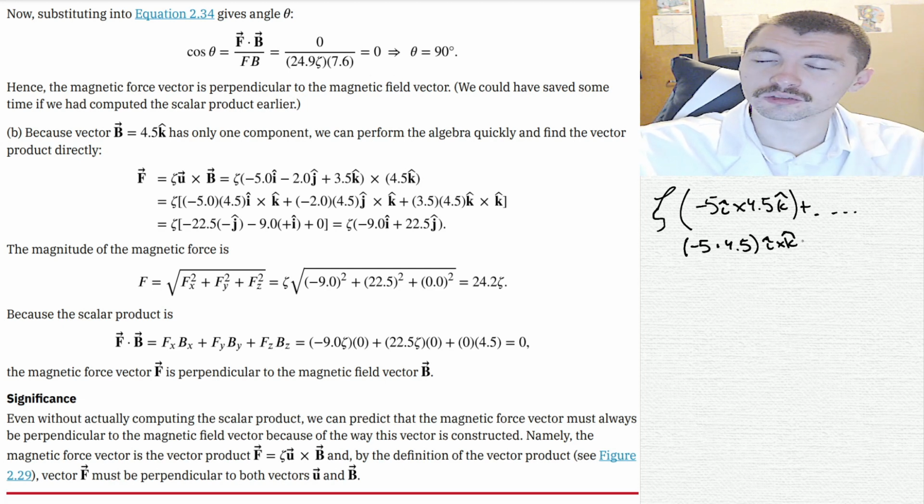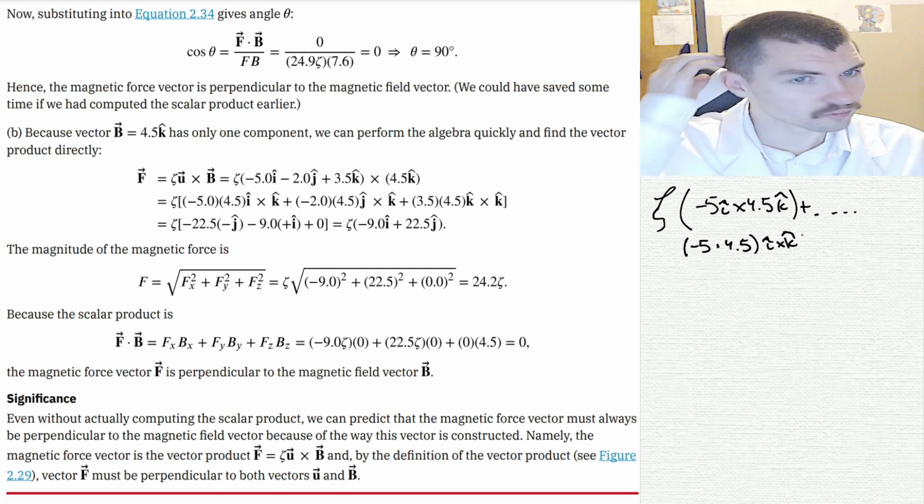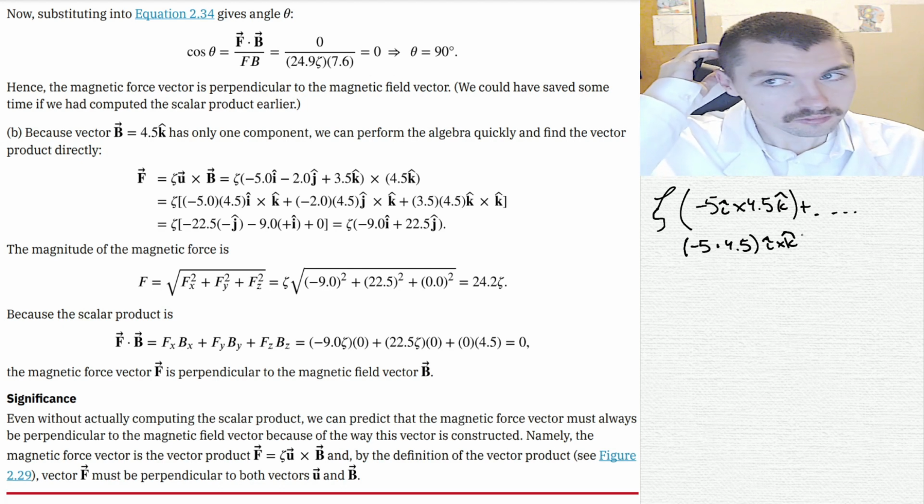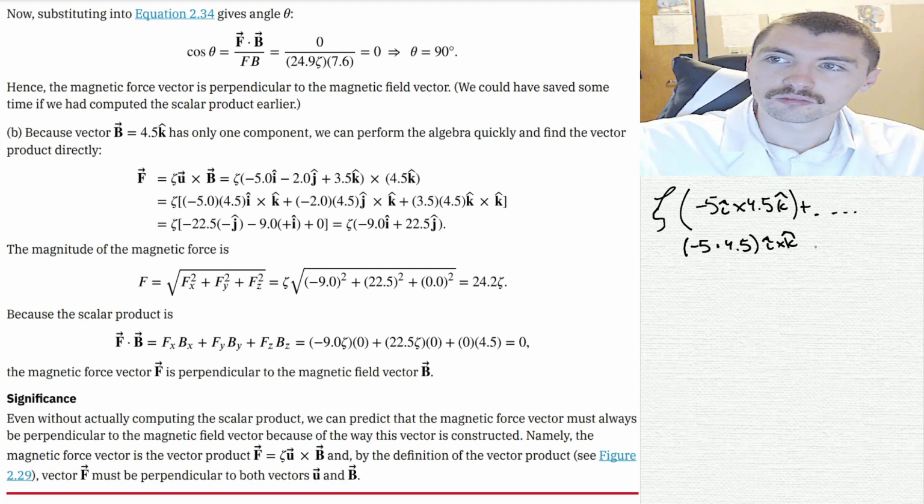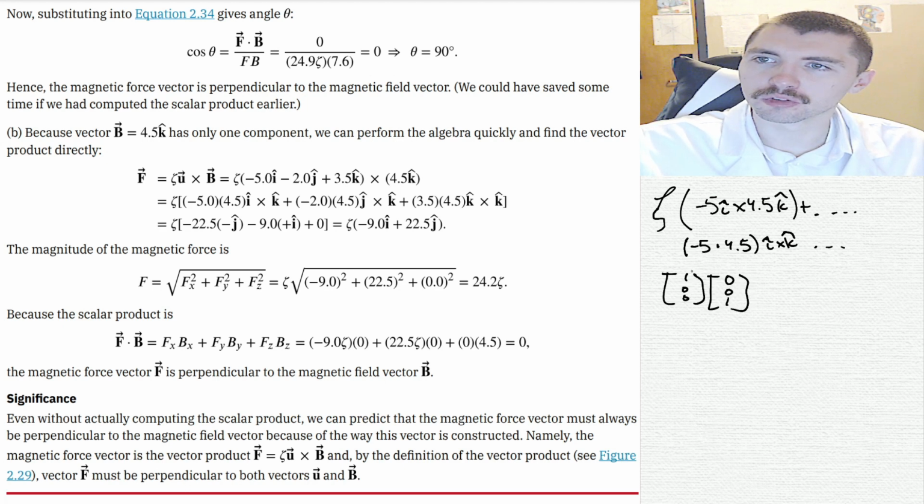So i is 1, 0, 0. k is 0, 0, 1. So if we're crossing these, we should get a vector.